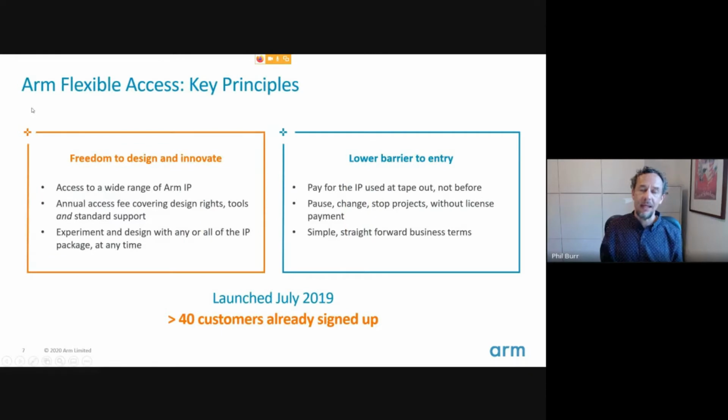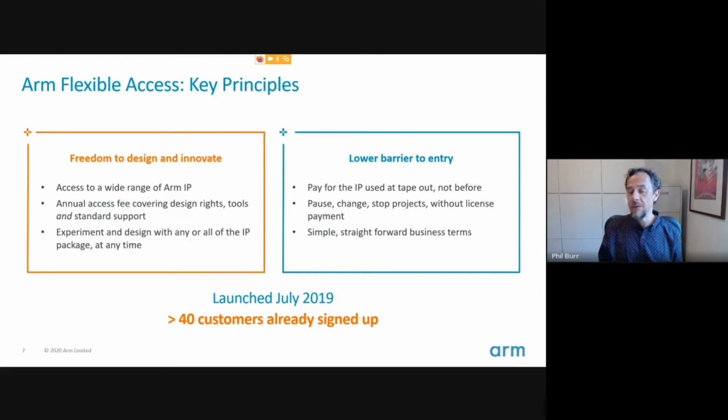So I mentioned that Flexible Access for Startups is built on a successful program already called ARM Flexible Access. So it's worth just talking a little bit about ARM Flexible Access. It's a program that we launched in July last year. We'd already signed 40 customers up to it.